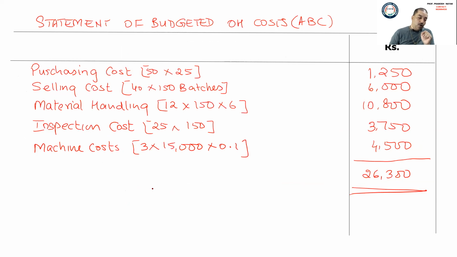Next calculation is absorption costing. This is the traditional method on machine hour basis. Absorption costing on machine hour basis.